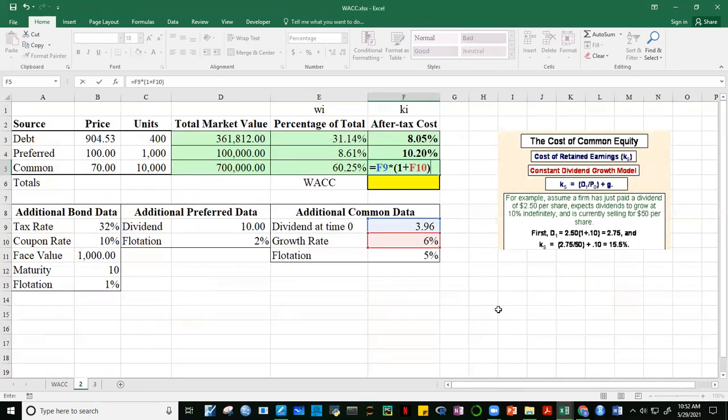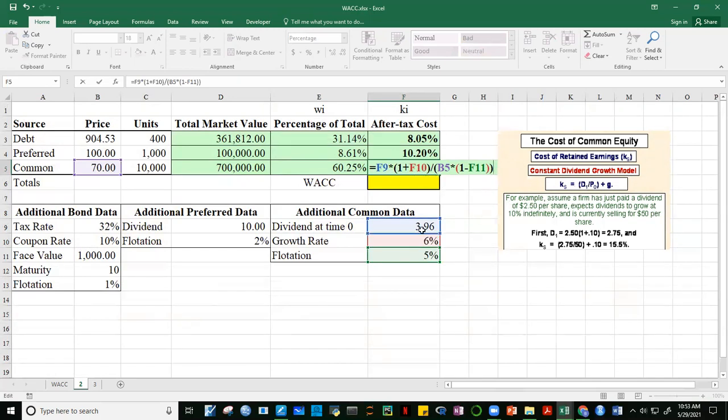And then you divide this by the price. Okay, the price is now, how much is the price? 70, but you have to reduce that by times 1 minus, kasi may flotation cost. Okay, so binawasan natin yung price ng 5%. Okay. So clinose ko siya. So this is the numerator.